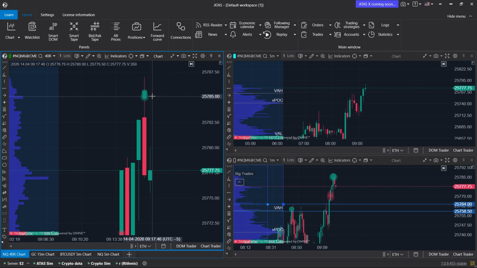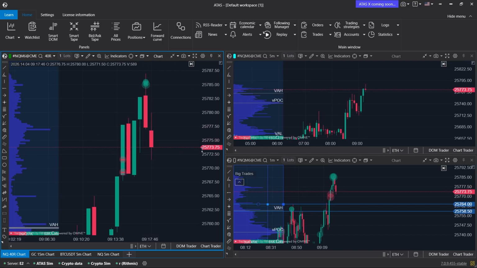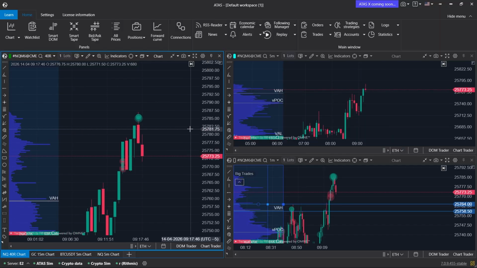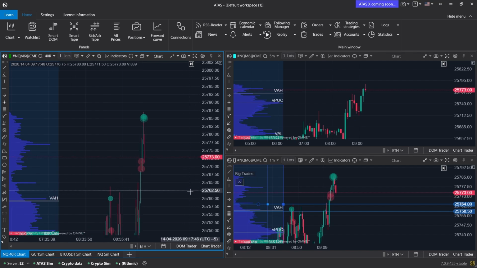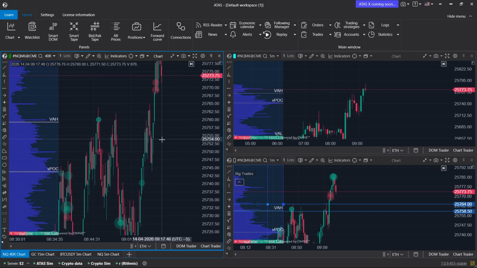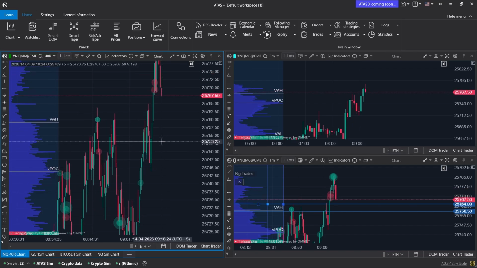If it comes back up here and rejects, then I'll be out on my break-even point. But if not, then I'll go. So my current stop loss, which I did put, I don't think I told you guys, but it's over here, right?